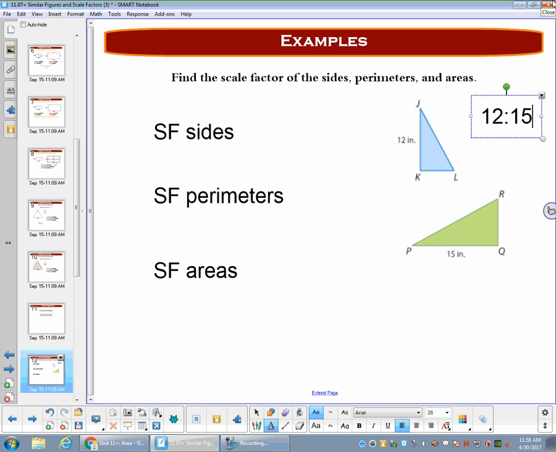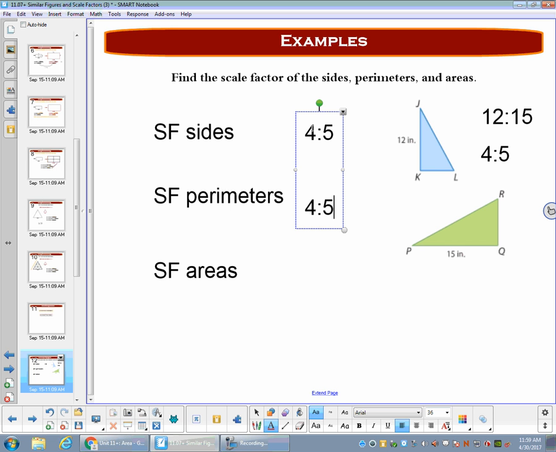And I'm writing it over here because we can simplify. We can take a 3 out of each of those, so that would be 4 to 5. And so the scale factor for the sides is 4 to 5. And we know the scale factor for the perimeters is the same. That was the property we just learned, so that's going to be 4 to 5. And the scale factor for areas, we just have to square that. So that would be 16 to 25.